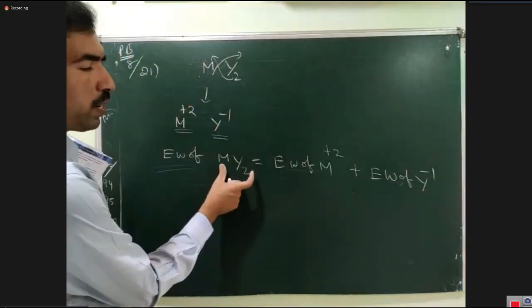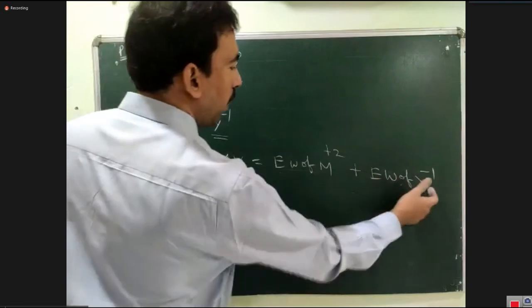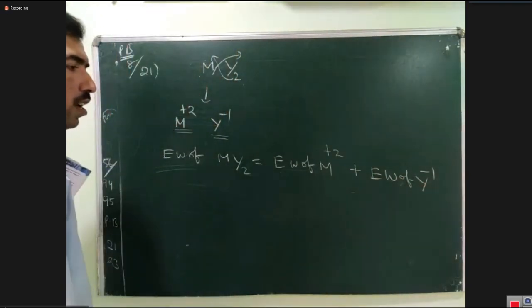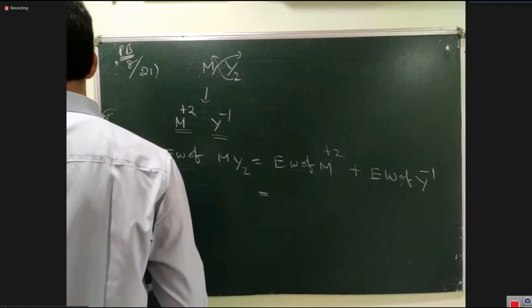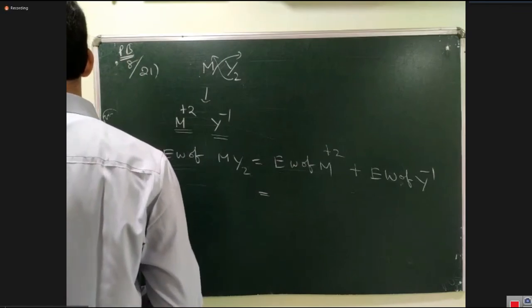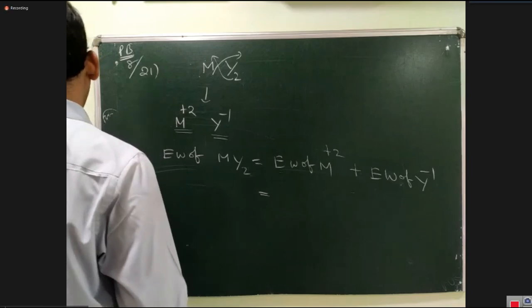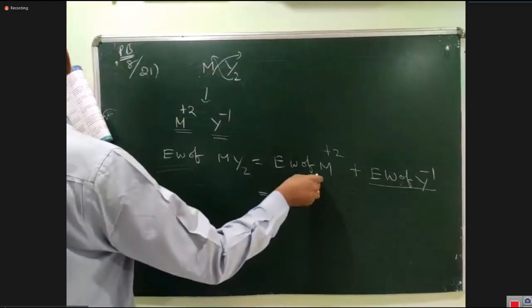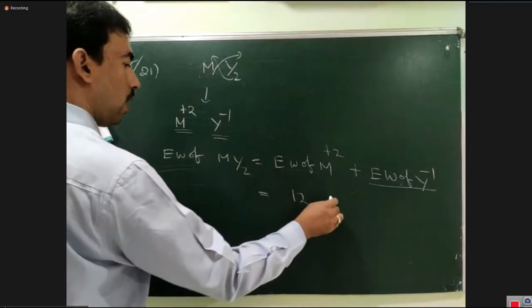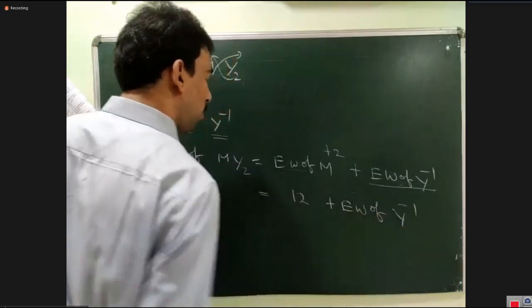All of you please listen carefully. The equivalent weight of MY2 is equal to the equivalent weight of M plus the equivalent weight of Y. The question is, M is given, so find the equivalent weight of Y in the compound. The equivalent weight of M is given as 12. The equivalent weight of Y minus 1 we need to find.